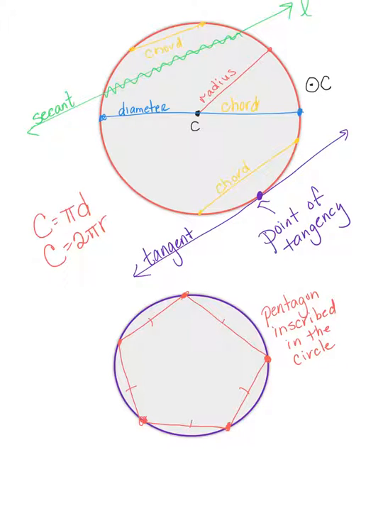But my purple line, my circumference or my circle, in this situation, if I'm looking at the circle's perspective, the circle is circumscribed about the polygon.